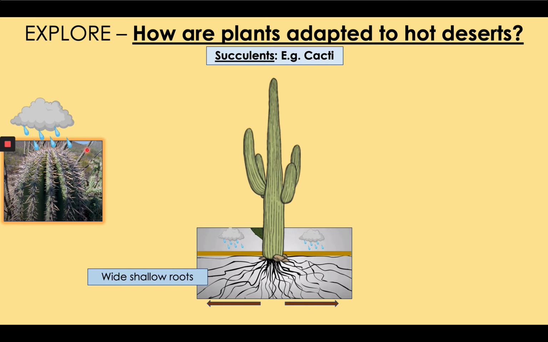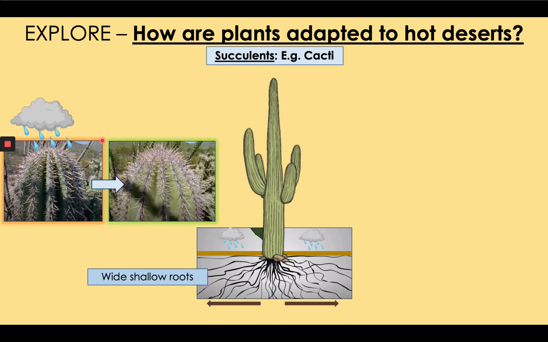But then it rains, and the cactus, having absorbed the water through its shallow roots, needs somewhere to put it. And so the pleats, these folds, spread out, and the cactus's body expands, allowing it to hold much more water. The stems in cacti store water. That's what it means to be a succulent.